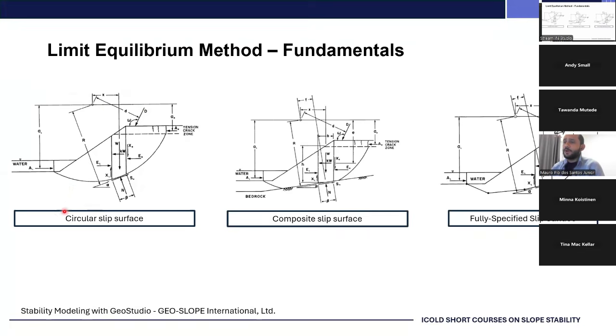And in the original publications, people were working with circular slip surfaces. You can do the same thing if you're working with composite or fully specified slip surfaces. The problem's the same. Some new variables arise, but it's pretty much the same approach, so it doesn't change that much. And it's pretty straightforward to do.